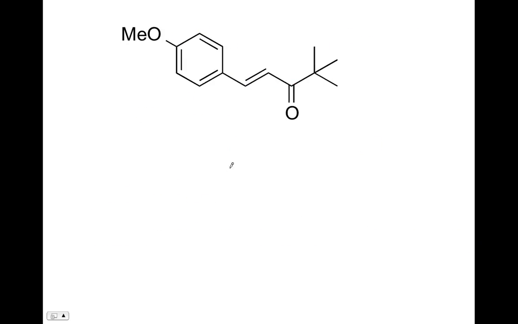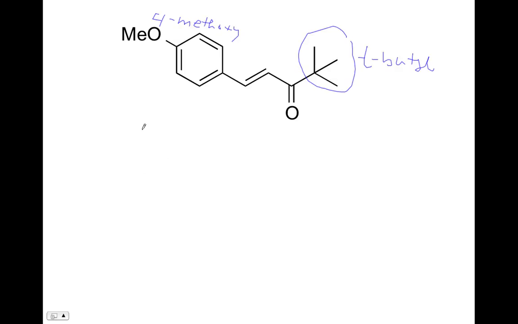So if you were to name this again in the common way as a chalcone, your two substituents on the chalcone are here, which is now the t-butyl, and over here is 4-methoxy.